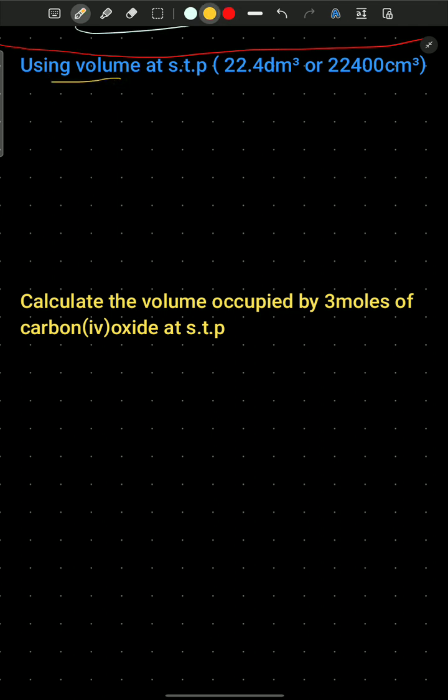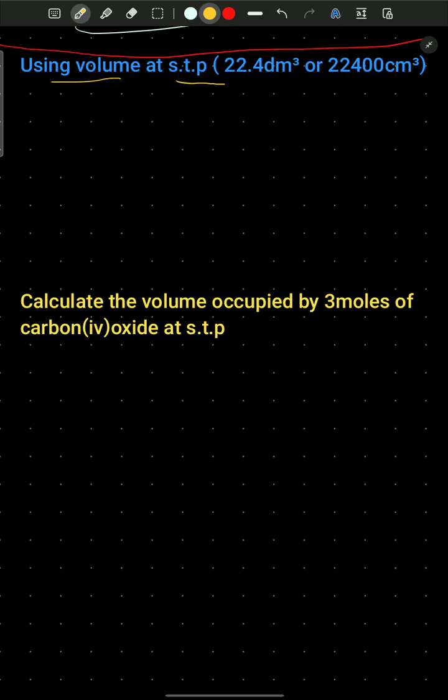Number 1, you are asked to find volume. If the volume is under STP. If the question does not say STP, if it just says calculate the volume and STP is not mentioned, don't use the formula. But if the question says calculate the volume liberated at STP, then you can now use this particular formula.